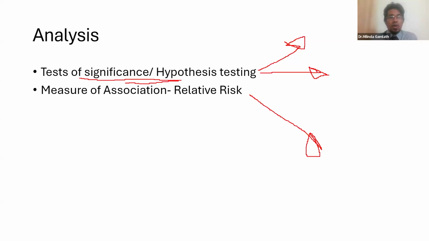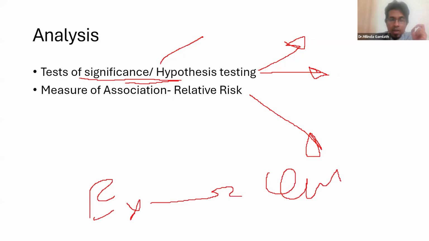And the second analysis, so there are two analyses you need to do. One is to establish that there is an association between the exposure and the outcome. The other is to measure that association, to give a figure to that association. If you smoke, your lung cancer risk will double, or go up by 300%, whatever. You can give a number to that as well.